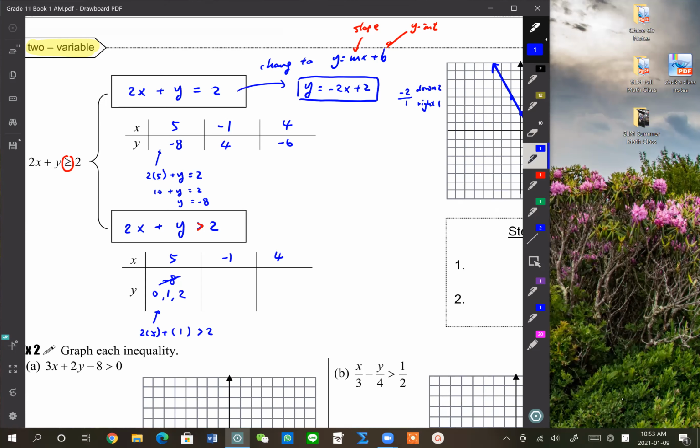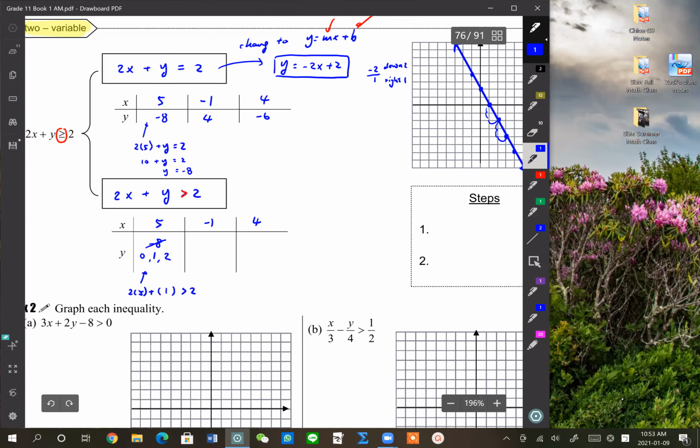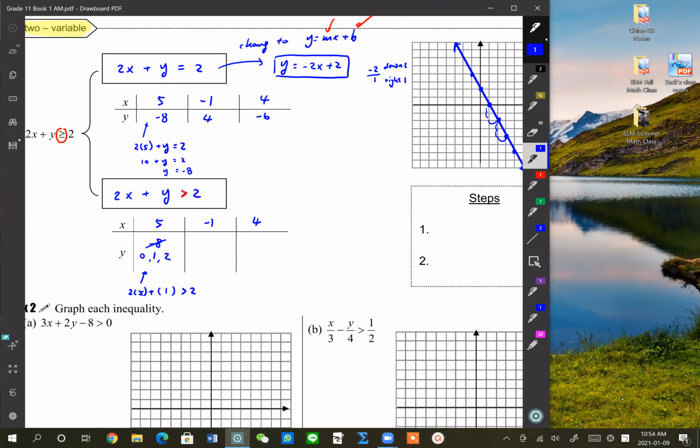So is there a lowest number that I can plug in? It's just barely bigger than 2. What will be the lowest number you can think of? Is 0? Can I plug in negative 1? Would it still be bigger than 2?